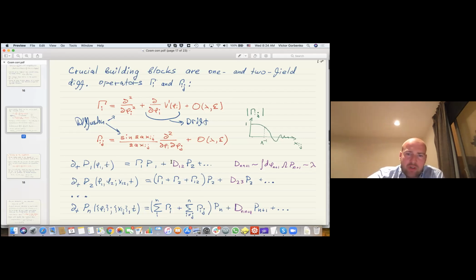What we did, we showed that there is no problem in deriving these sub-leading operators that here are denoted by D. On this slide I didn't spell out exactly what these D's are, but the main point is that, if we want, we can calculate these D's to any order in perturbation theory that we like.